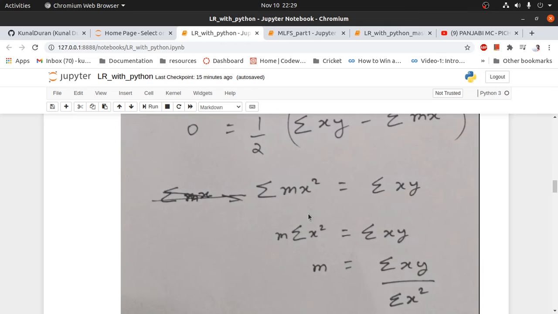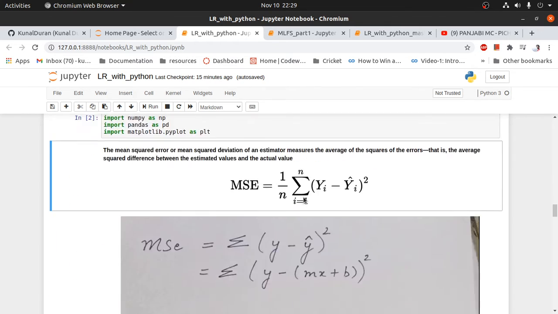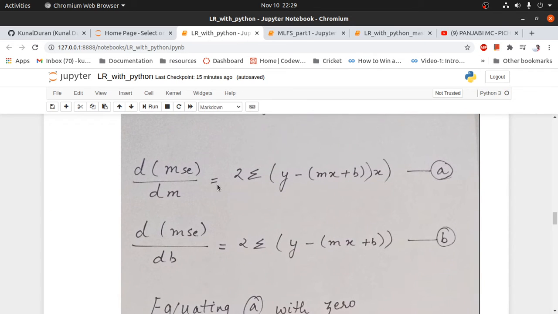Anyways, I'll change it on GitHub when I upload this notebook. Moving forward, what we have here is 2 sigma y minus (mx plus b) into x. This is the equation when we differentiate the mean squared error with respect to slope, which is m. And now differentiating it with respect to b gives us this.